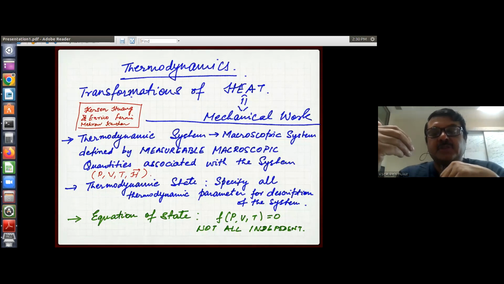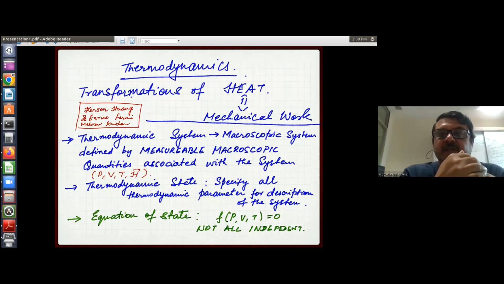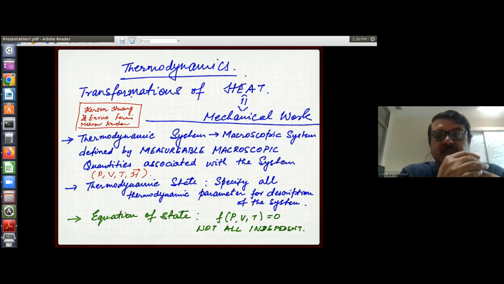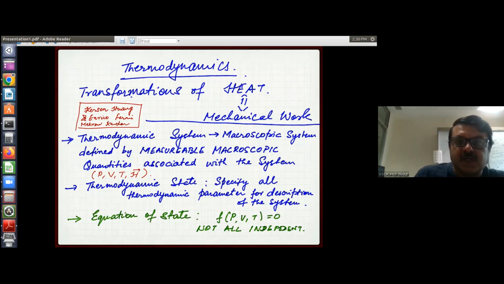Because you want to push something or pull something, like raising water from a well. So that's work done, force into displacement, or push maybe a rail train or anything, and that's mechanical work, and that's what thermodynamics deals with. I mean, that's how it developed, rather.